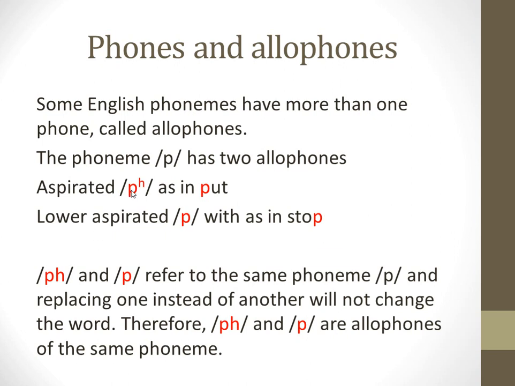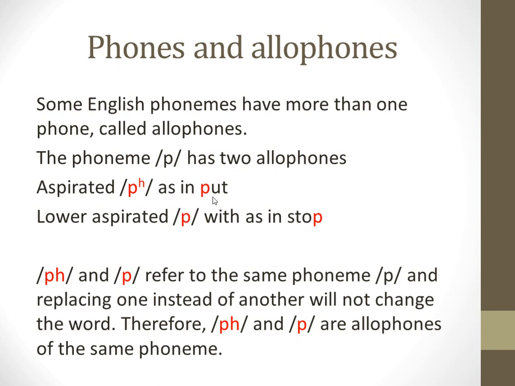So these two sounds or phones, the aspirated P and the unaspirated P, are allophones of the same phoneme, which is P. So why do we call them allophones? We call them allophones because changing one instead of another will not result in a new word.